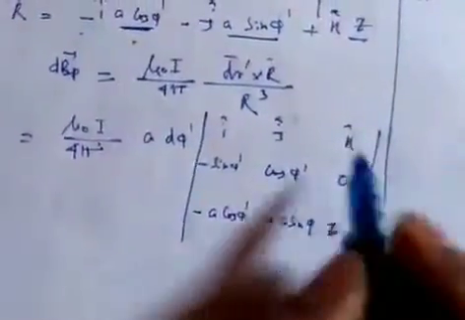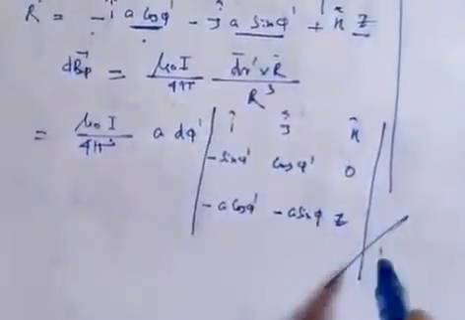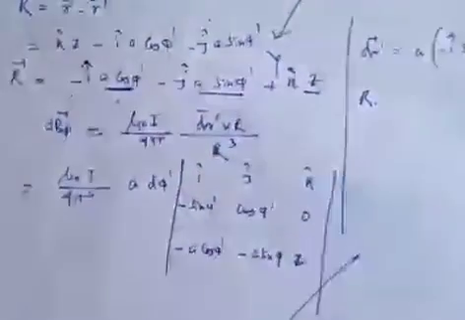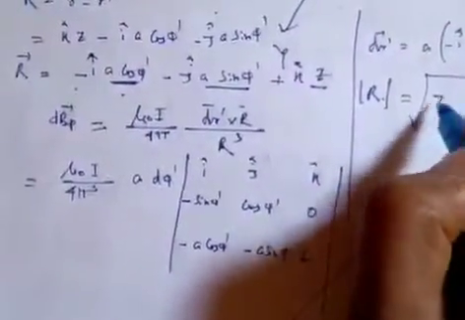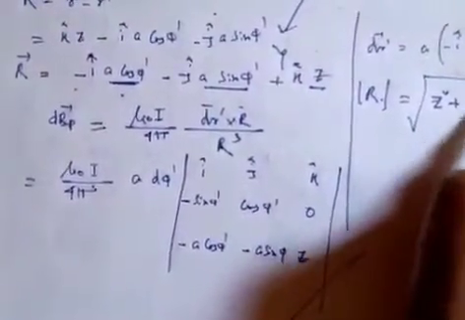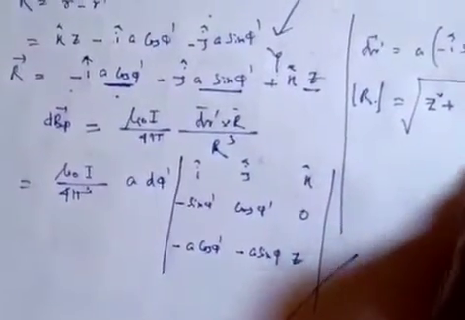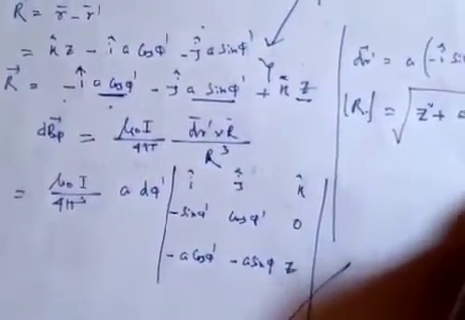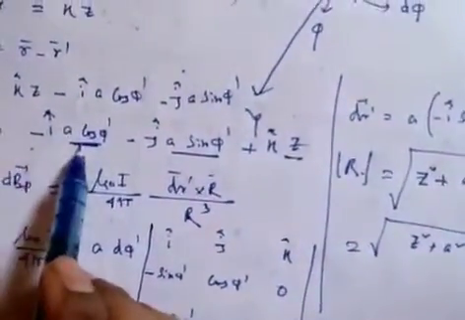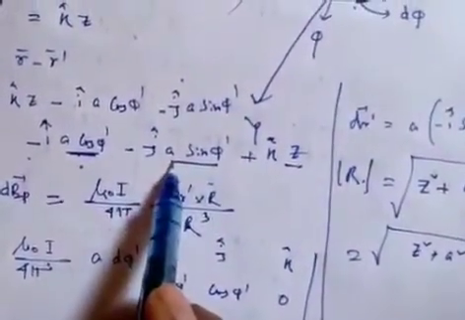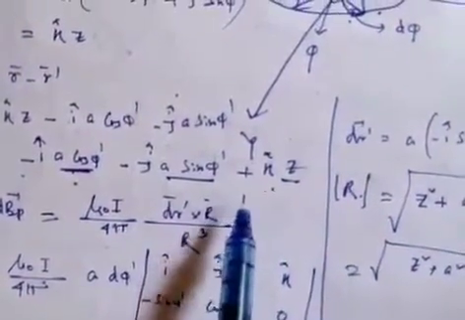And divided by R cube. What is R cube? We know the expression of R. Mod R equals root under z square plus a square cos square phi prime plus a square sin square phi prime. Now, all of you know the relative coordinate R vector equals minus i cap a cos phi prime minus j cap a sin phi prime plus k cap z. What will be the modulus of R?